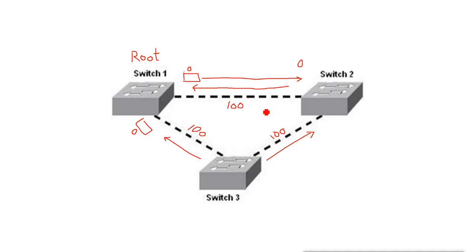Now when it reaches switch 2, switch 2 will say, okay, 0 is coming, and my link is 100 Mbps, so what is the value? For 100 Mbps, as the table says, it is 10. So it will add the cost value for the link, which is 10.